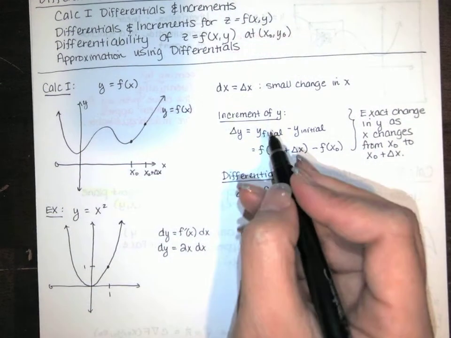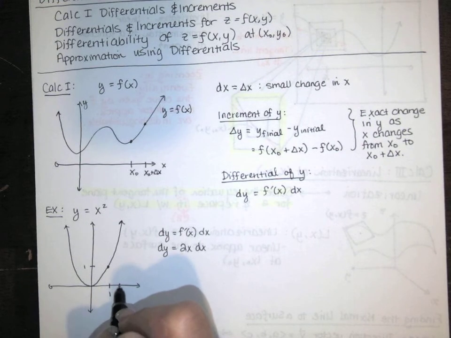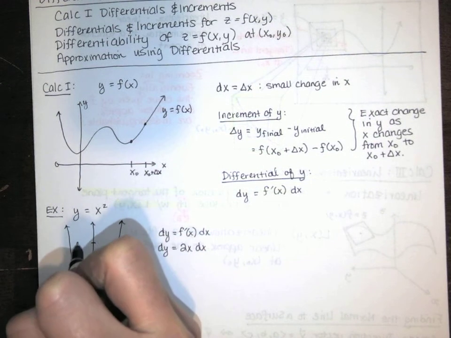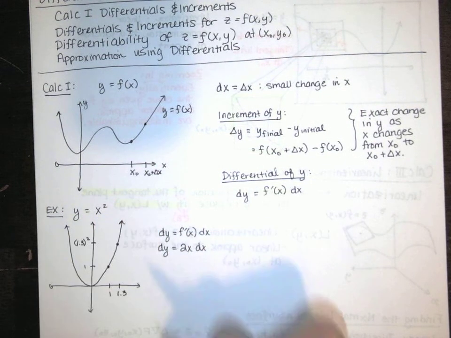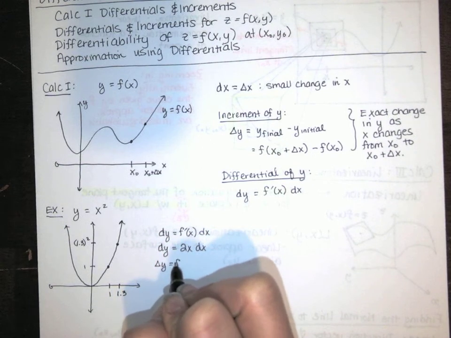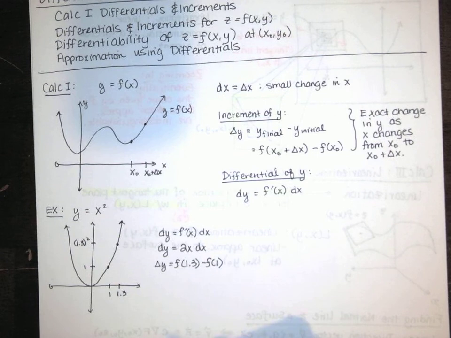Now the increment of y for this function, let's say x goes from 1 to 1.3. This is obviously not to scale, so it's going to be 1.3 squared for our y value. Delta y will be f of 1.3. That's our final y value minus our initial y value.